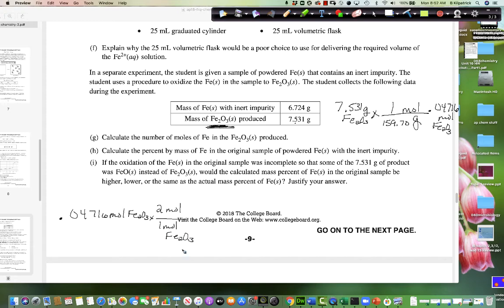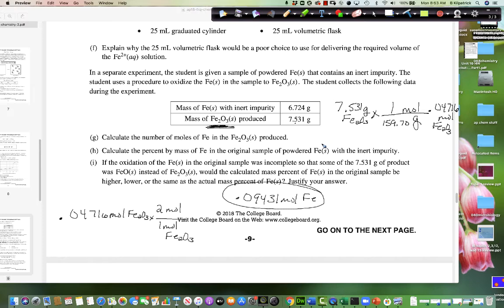And I'm just pulling that from the formula right there. Okay, so if I multiply that by 2, I will get 0.09431 moles of iron. So that's how many moles of iron that I get.